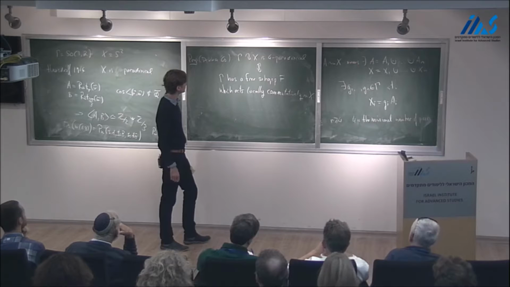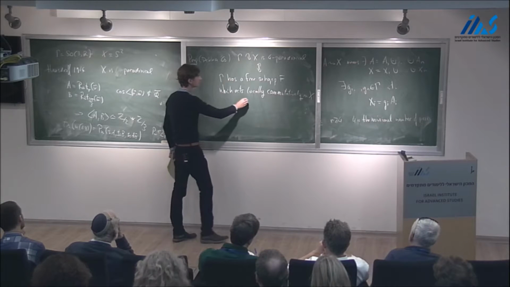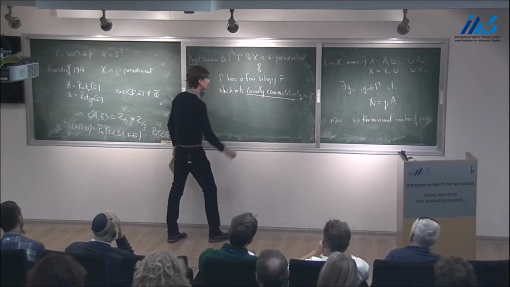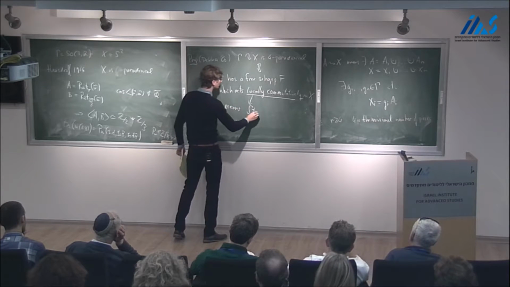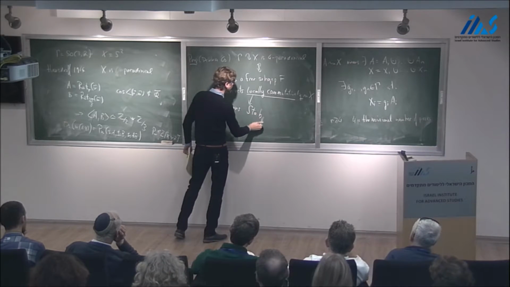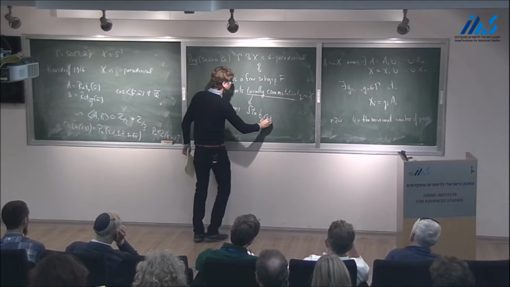So what is locally commutative? This means that the stabilizer of every point x in X in F is abelian.